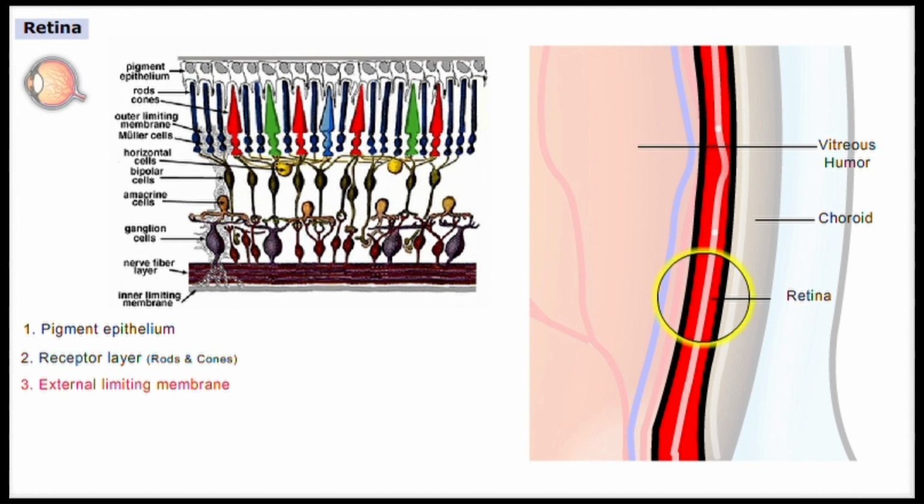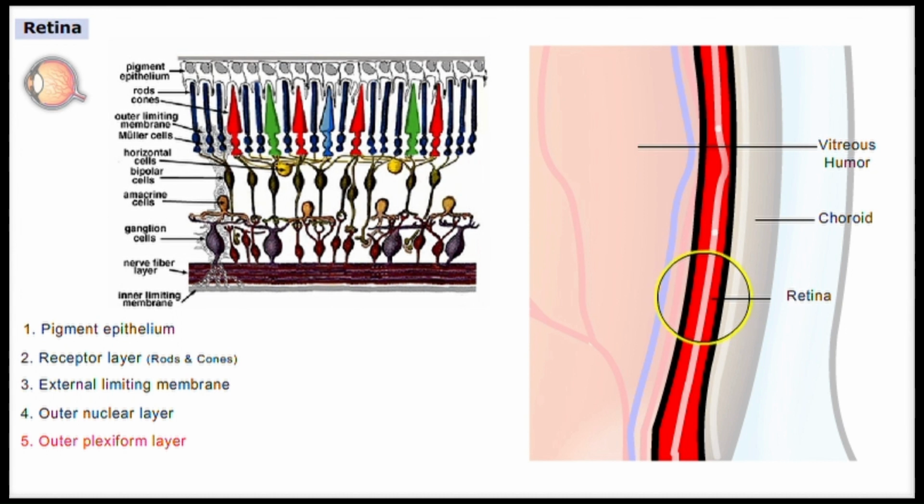Fourth layer is the outer nuclear layer, which consists of nuclei of rods and cones which control metabolism and function. Fifth layer is named the outer plexiform layer, which has connections, synapses, between the terminations of the receptors and fibers, dendrites from the cells.